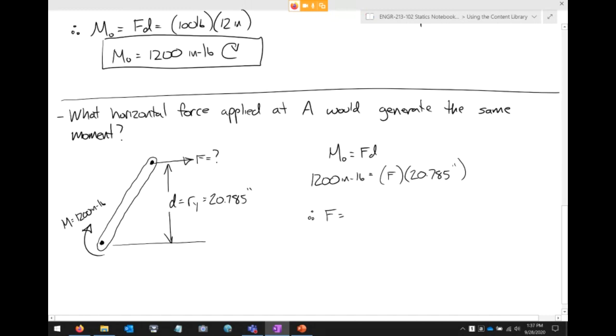What value of F do I need? 57.7 pounds. There we go. And you're exactly right.